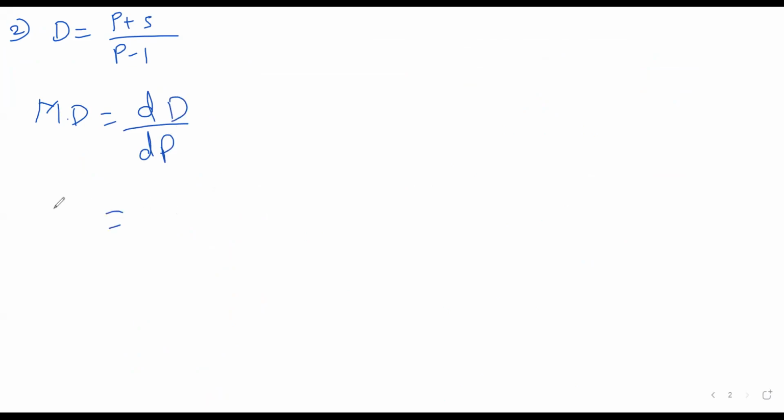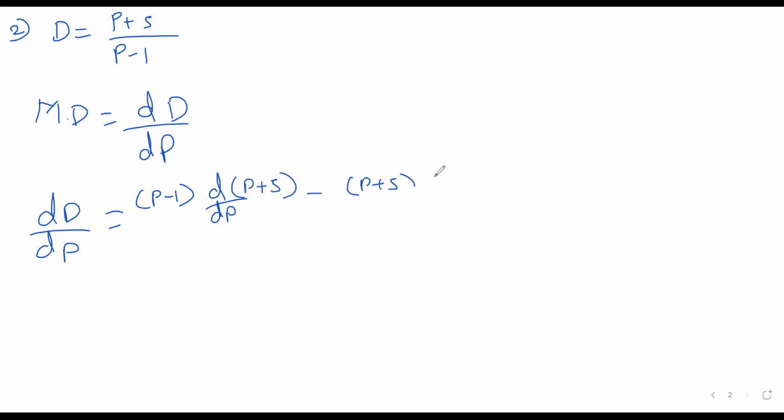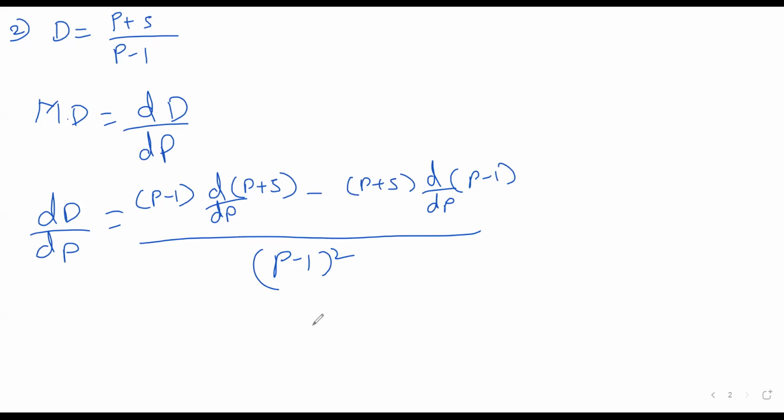So that is, as per the quotient rule, P minus 1. First order derivative of demand will be P minus 1 into d/dP of P plus 5, minus P plus 1 into d/dP of P minus 1, whole thing upon P minus 1 bracket square. d/dP of P is 1, d/dP of 5 is 0, so this is 1.